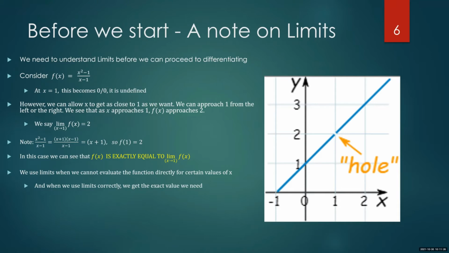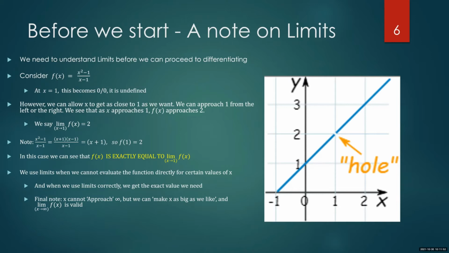Now, there are some functions where limits don't exist at certain points. But generally speaking, if the limit exists, the result of finding the limit is an exact value. The last note I'd like to make here is that you can have this idea of the limit as x goes to infinity.